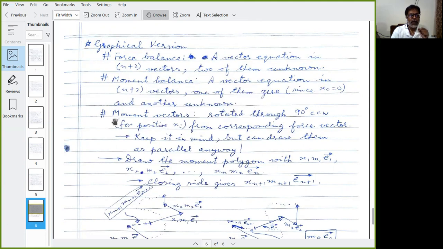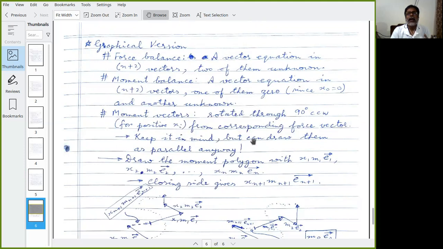But before that, make note that the moment vectors are basically rotated through 90 degrees counterclockwise for positive side from the corresponding force vector. Keep it in mind and say that in all of your spoken and written discourse.